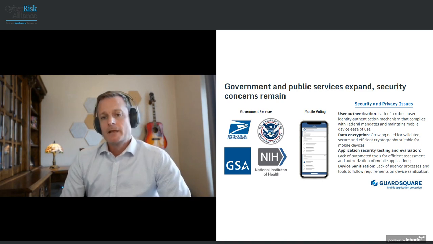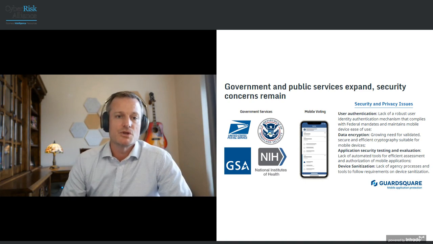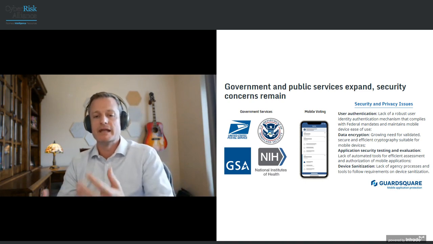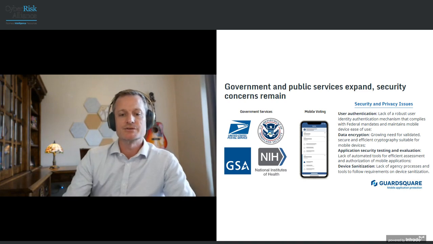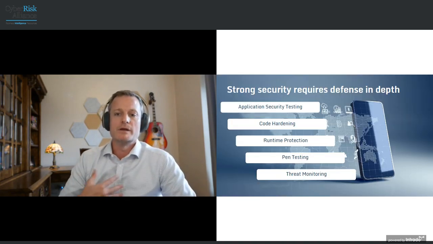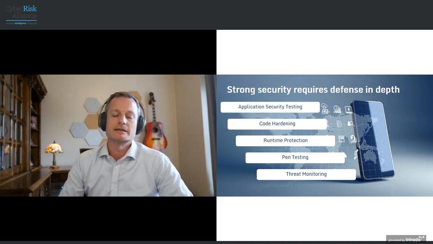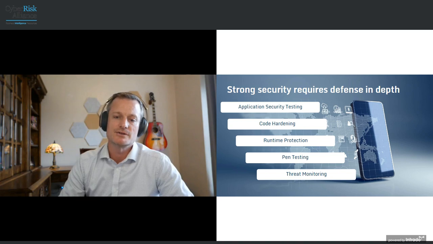So, there's 5 industries with really concrete examples of how the OWASP mobile threats manifest into specific scenarios that are relevant to those industries. So how do we think about strengthening security and addressing some of those OWASP concerns and those scenarios?